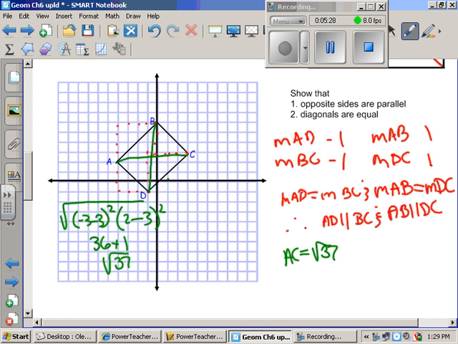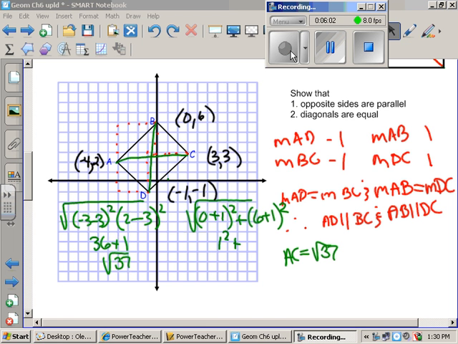All right, BD is 0 minus negative 1 squared plus 4, 5, 6 minus negative 1 squared. So that's 1 squared plus, did I count that right? 1, 2, 3, 4, 5, 6.